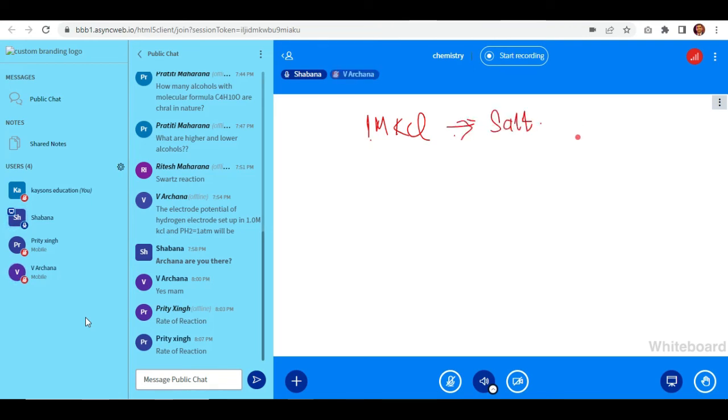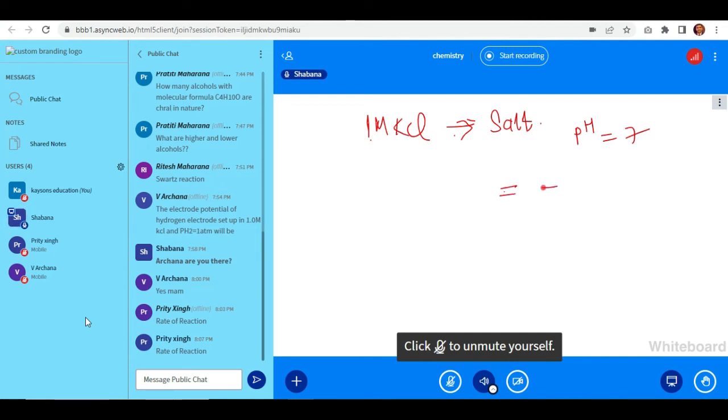Salt. So in case of salt, pH becomes 7. What pH becomes? 7. Okay, ma'am. So then it is half of it. So then in that case you will be getting electrode potential as minus 0.414 volt.